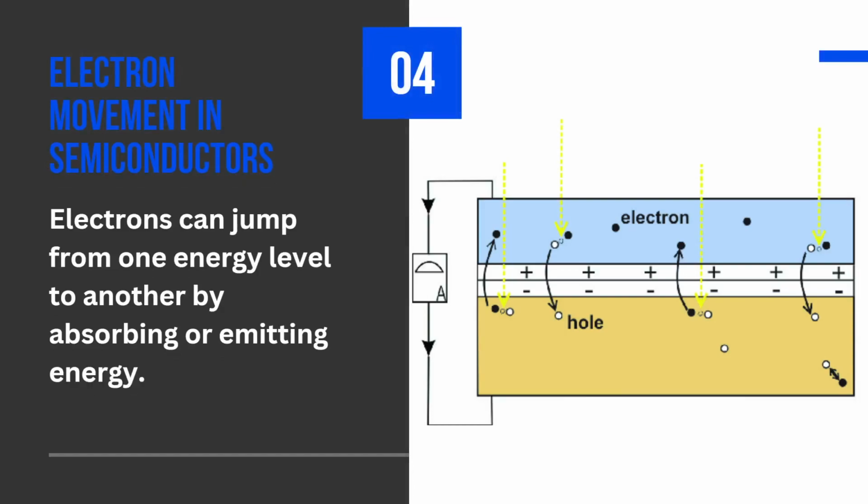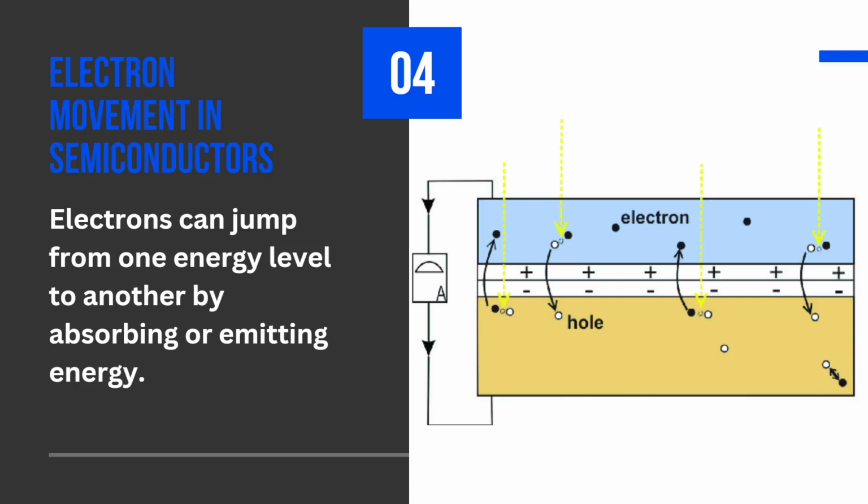So let's see the electron movement in the semiconductors. Let's explore how electrons move within semiconductors. Electrons can jump from one energy level to another by absorbing or emitting energy. This movement creates charge carriers, which are essential for conduction.